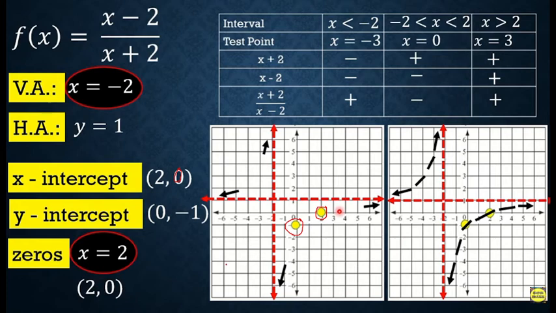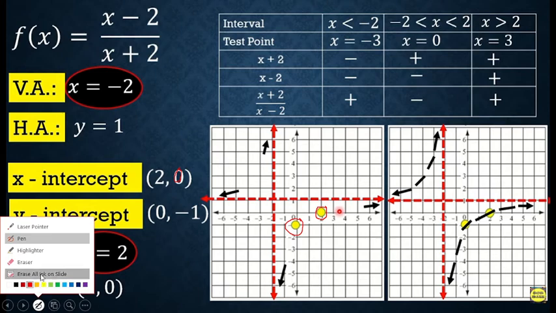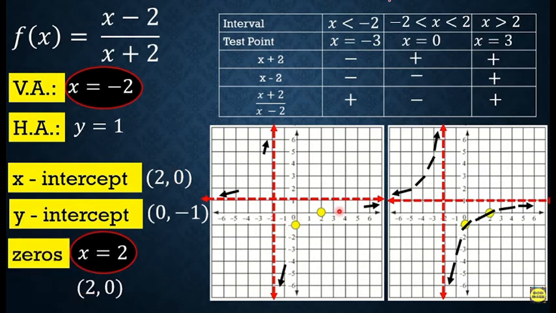Before you make the rough sketch, first use a sign table. The intervals are: x less than negative 2, x greater than negative 2 but less than 2, and x greater than 2. Assign values: for x less than negative 2, let x equal negative 3.